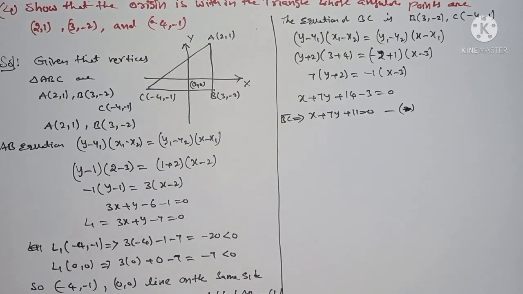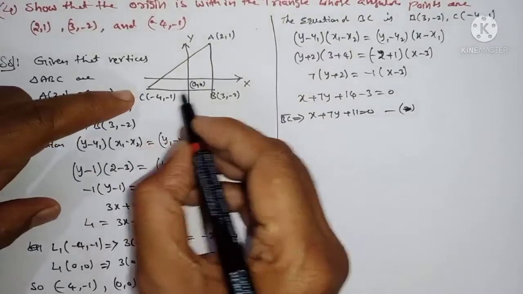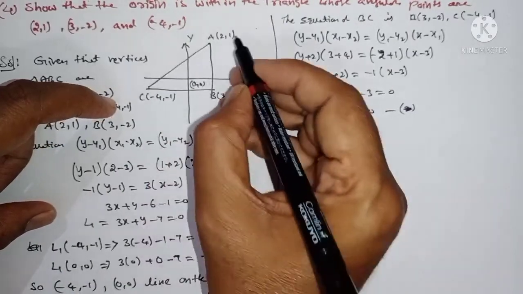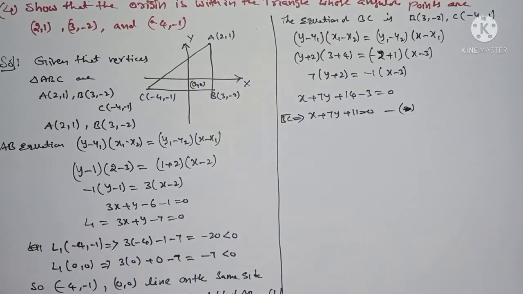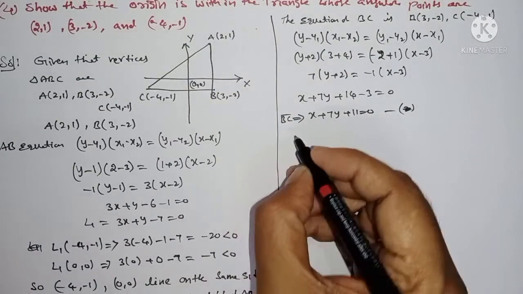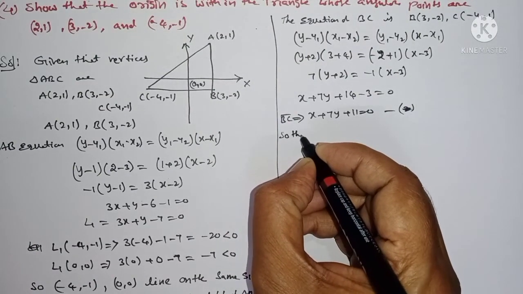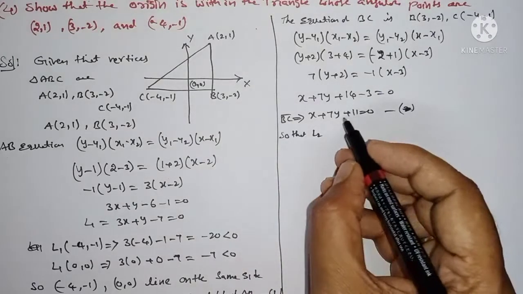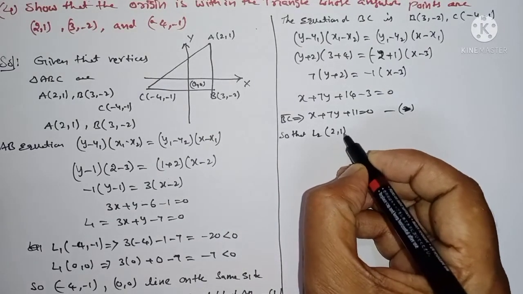Then, in the BC equation, what you have to observe here are the points 0 comma 0 and 2 comma 1. Same as before, you can take this as L2. First I am taking 2 comma 1.